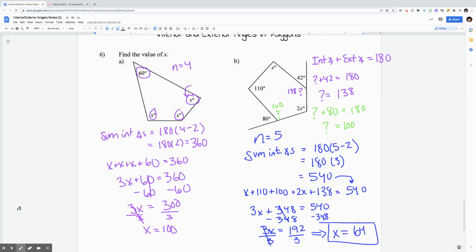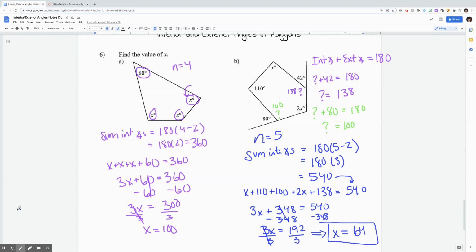Okay, so now I need to figure out, what's the sum of all of those interior angles? So I'm not dealing with the 80 and the 42 anymore, right? Because I've used those already in order to help me find my missing interior angles. This sum formula is only for interior angles, not exterior angles. Okay, so this is a pentagon, right? It has 5 sides, so n equals 5.